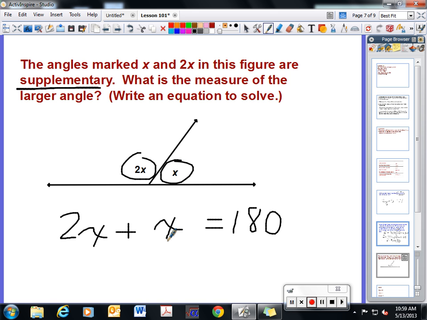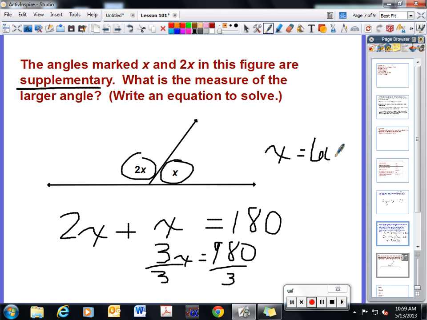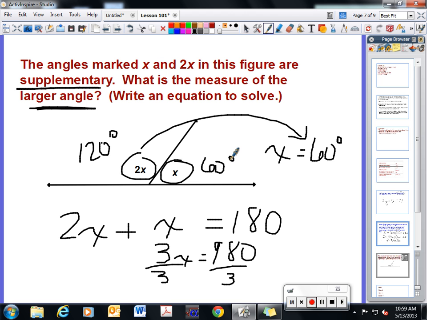If we combine our like terms, we have 3x equals 180. Divide both sides by 3, and we find out that x equals 60. Now let's go back to the original question though. It says, what's the measure of the larger angle? Well, if it's 2 times x, that would make the larger angle 120 degrees. They didn't ask us for it, but we did figure out that the smaller angle is 60 degrees.